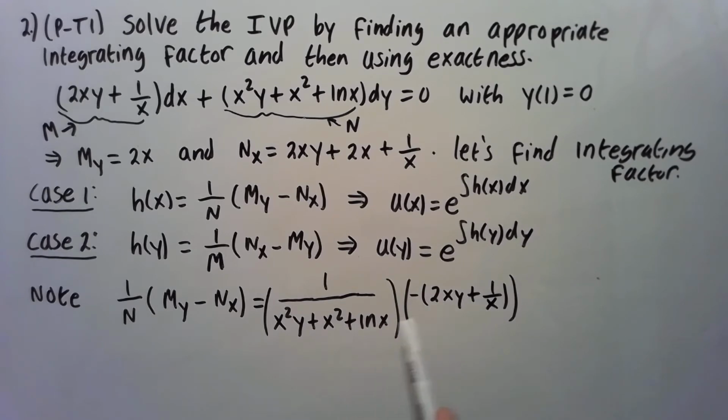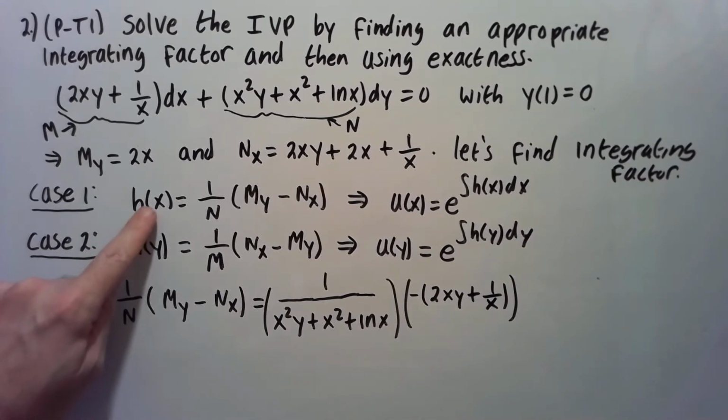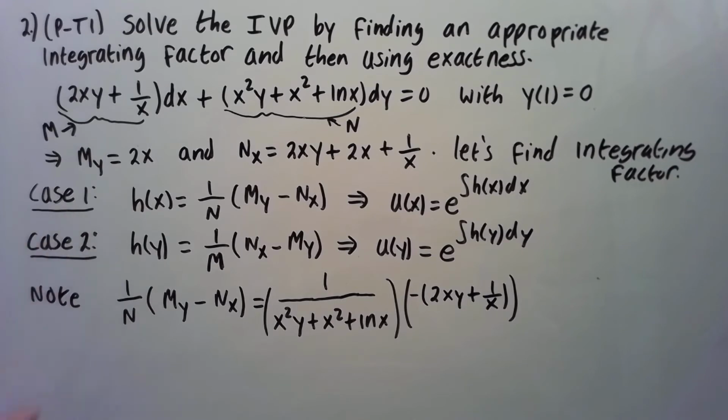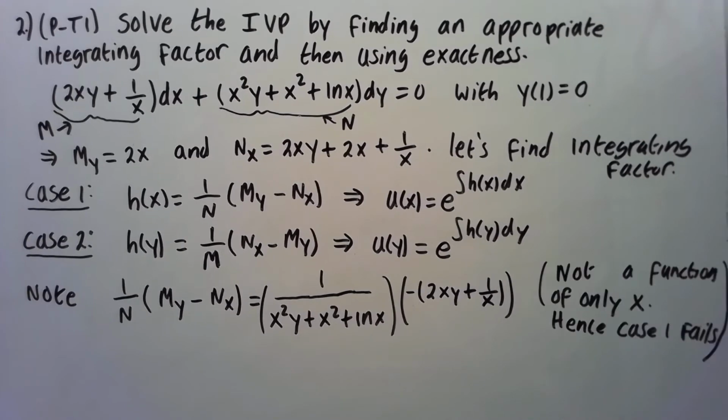You can see there's no way. This needs to be a function of x for case 1 to work. This has a y in it here and a y in it here, and there's no way you can make those y's cancel. So this is not a function of only x, hence case 1 fails.